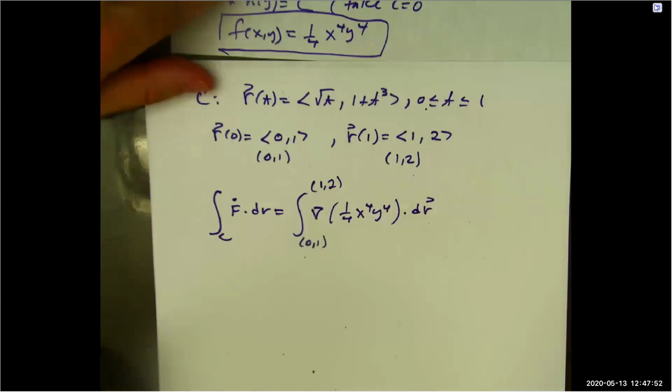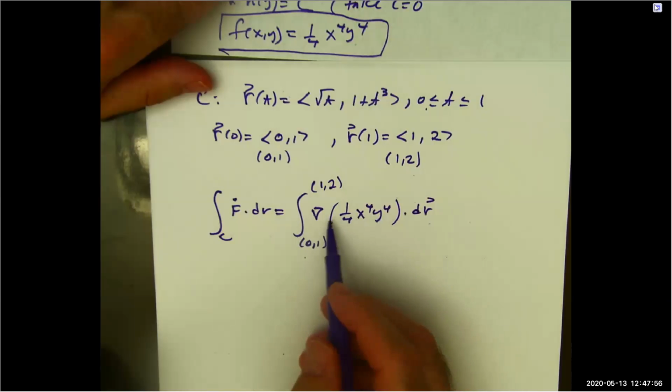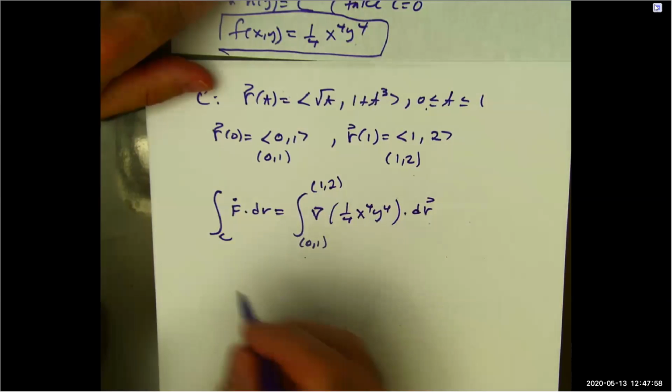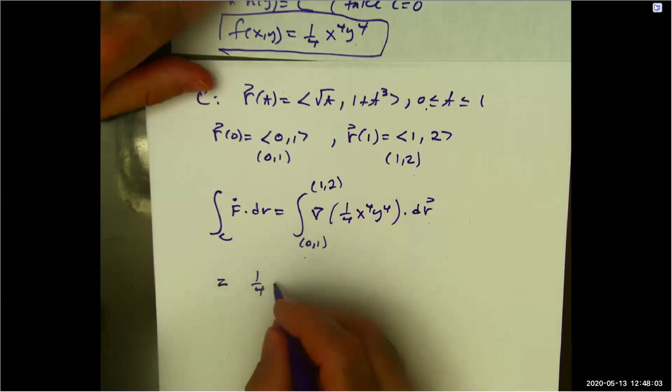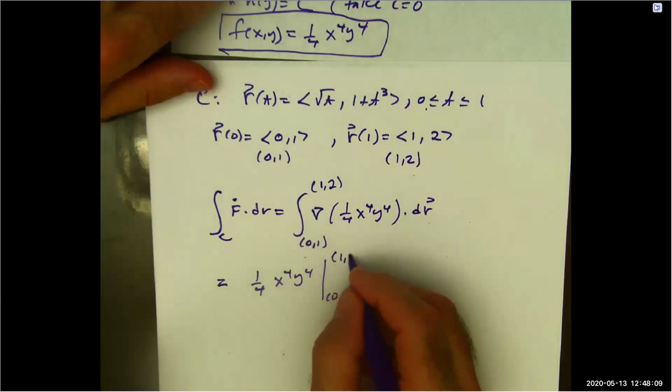And then by the fundamental theorem, this is just going to be our potential function at the endpoints. So what I'll have is 1/4 x to the 4th, y to the 4th, from (0, 1) to (1, 2).